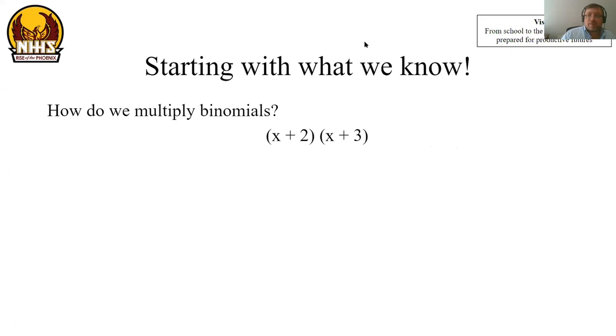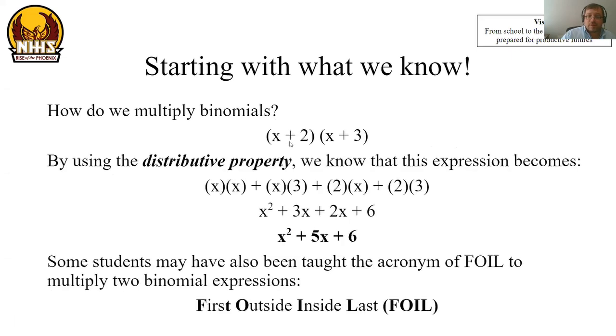Now, you're used to multiplying binomials. And when you multiply them, as you remember, you use the distributive property. Go to the first x, the first term. You multiply it by the first term of the second binomial, x times x.